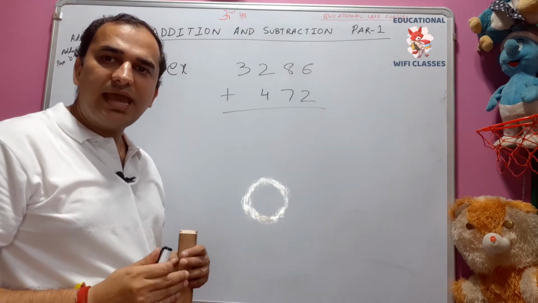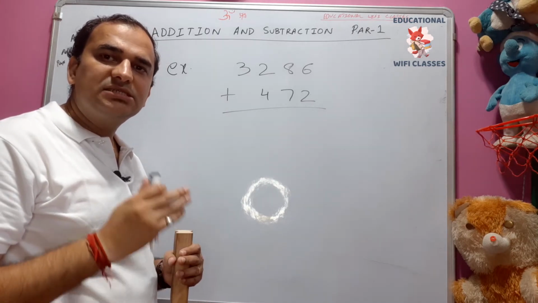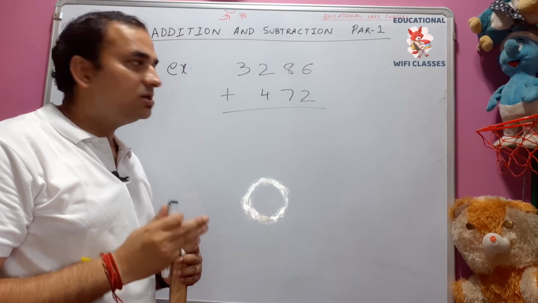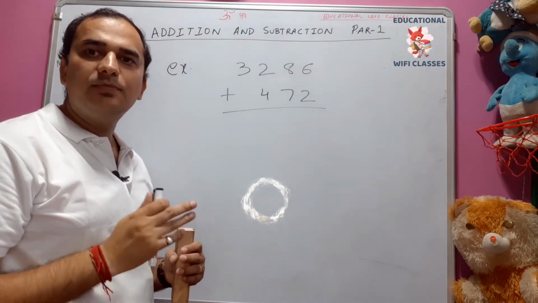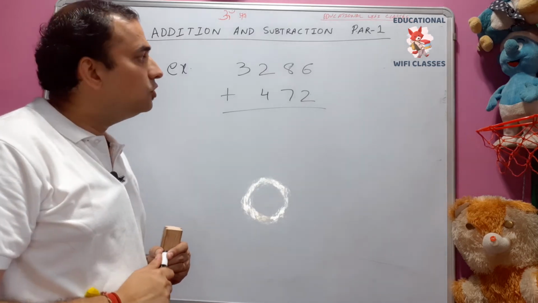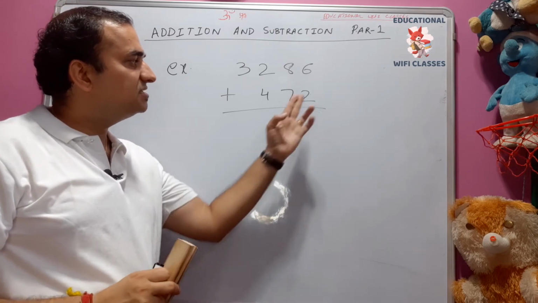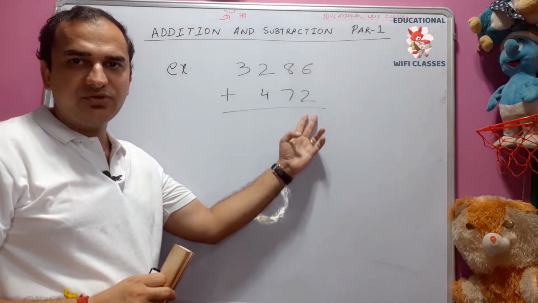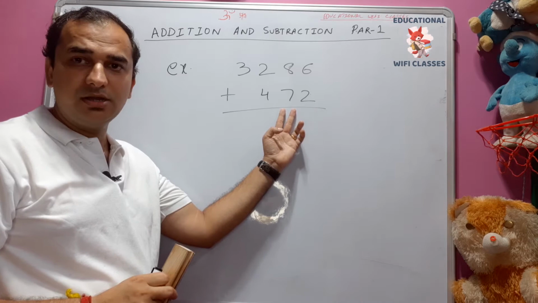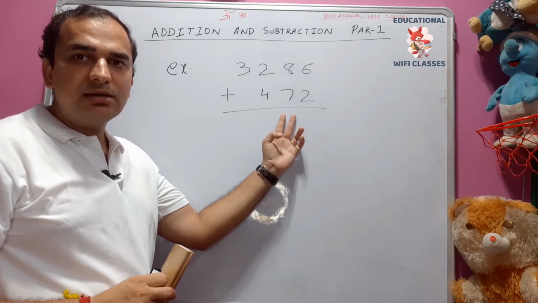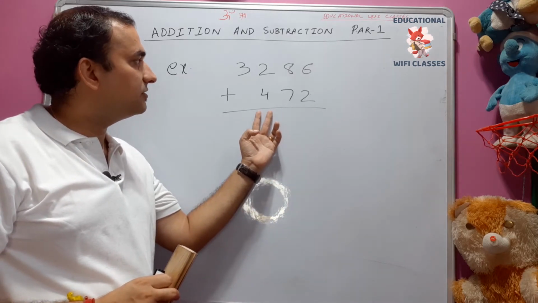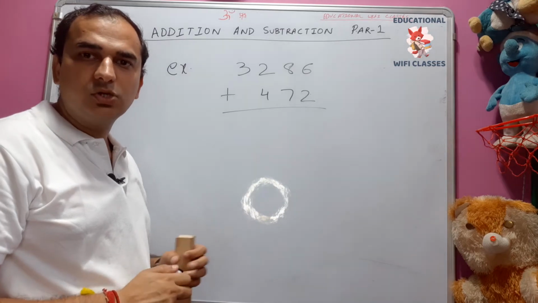Whenever we add, we always put the digits of a number in their place value order. Whatever comes in the ones place, we will put under the ones place. Whatever comes in the tens place will go under tens, whatever comes in the hundreds will go under hundreds, and then to thousands and so on.